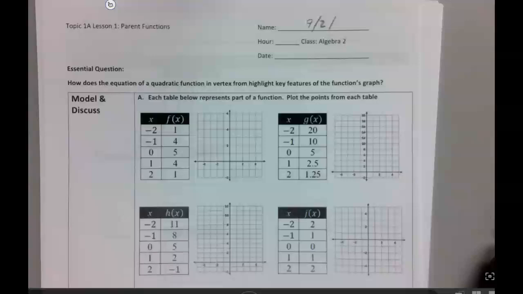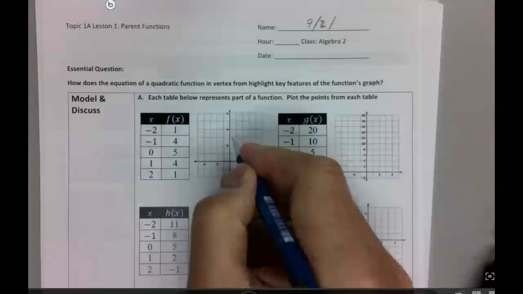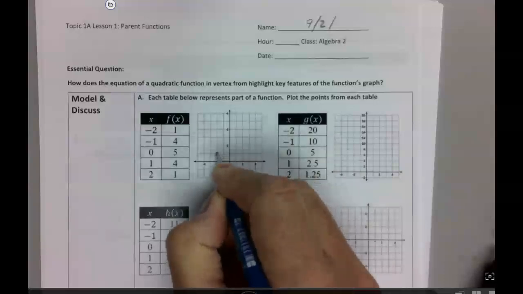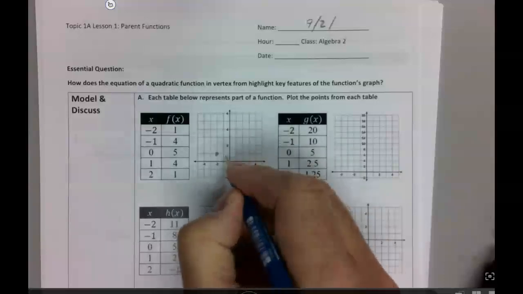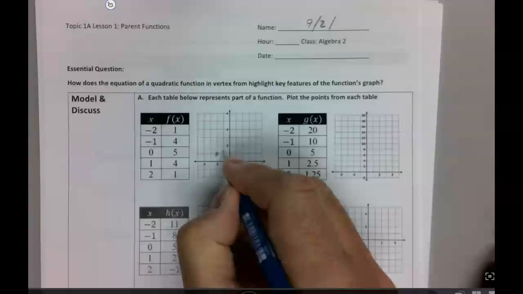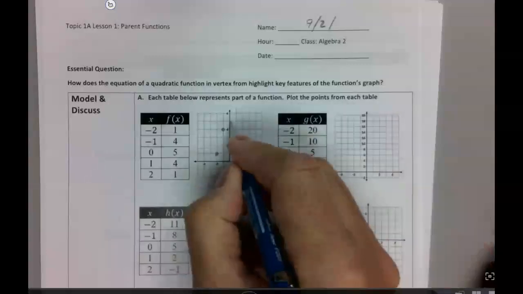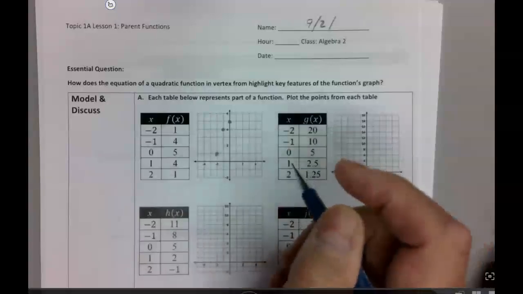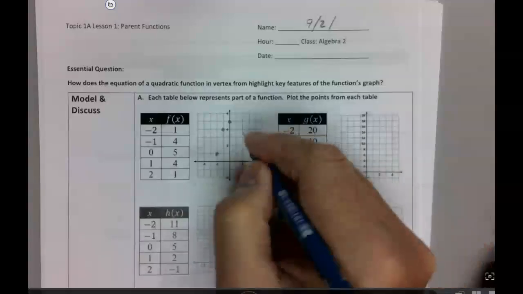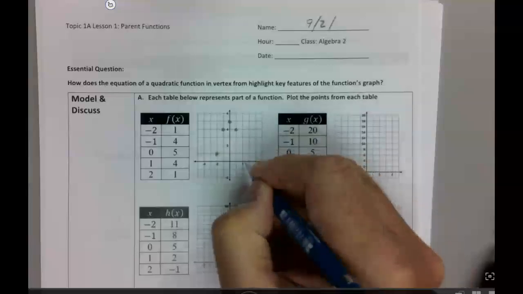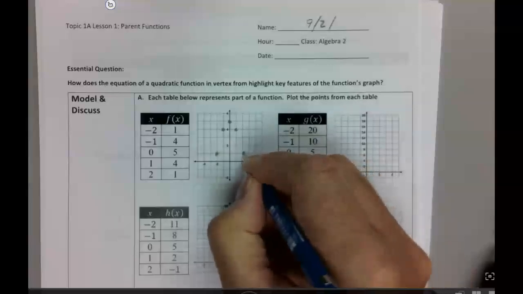Okay, so let's graph these points here. So we got -2, -2, 1, -1, 1, 2, 3, 4, 0, 5, 1, 4, and 2, 1. Okay?